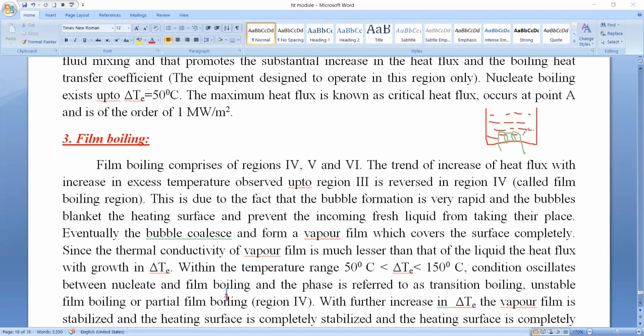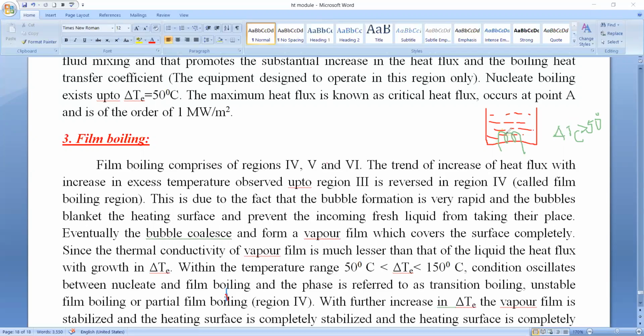If you increase the temperature difference, that is excess temperature delta TE equal to or more than 50 degrees centigrade, then the tendency of bubble formation will increase. So as the bubble formation increases, you can see the blanket of these bubbles.